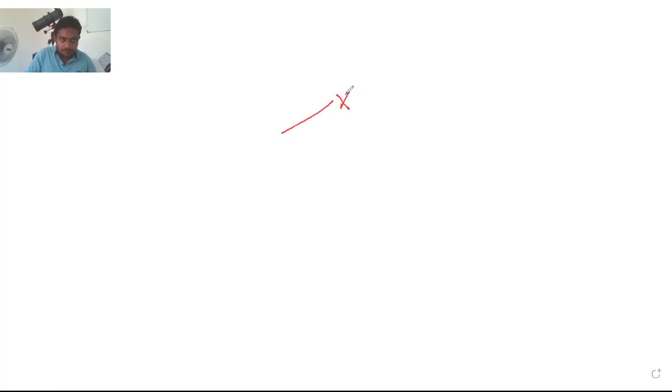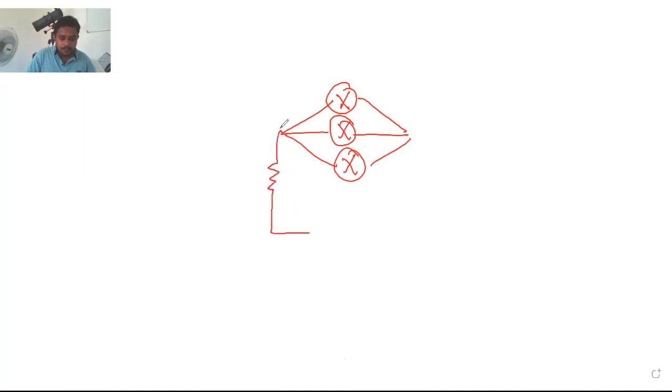We have 3 bulbs. If you got the answer, you can send it in here. You can see here R. Finally this is 12 volt.